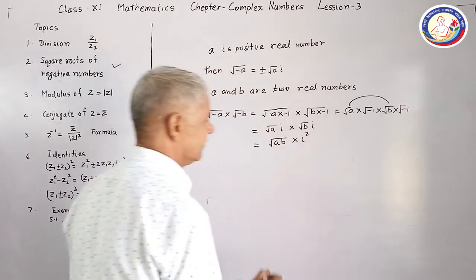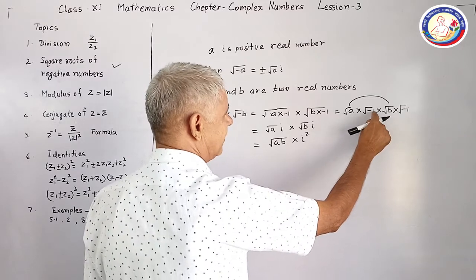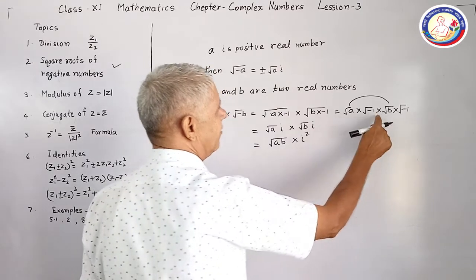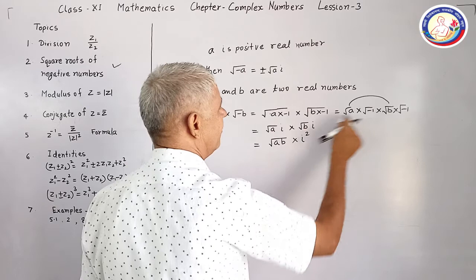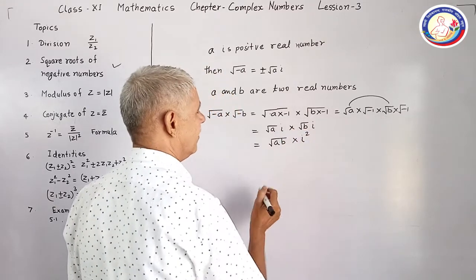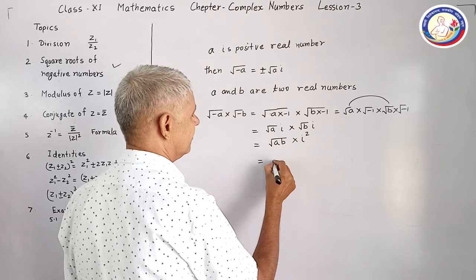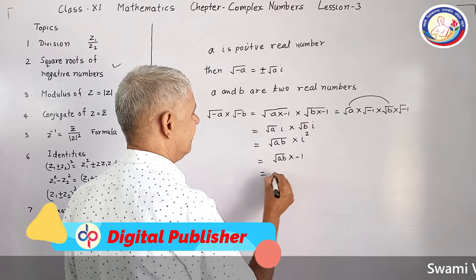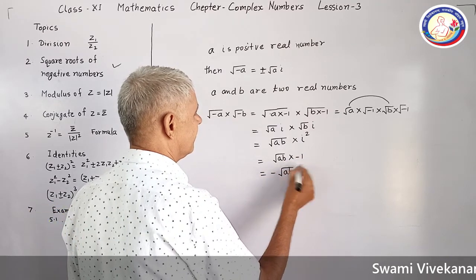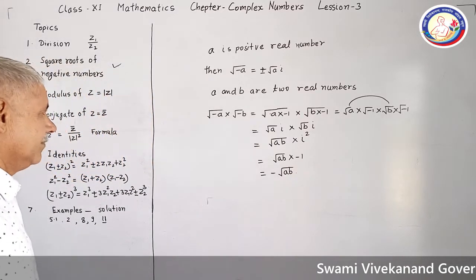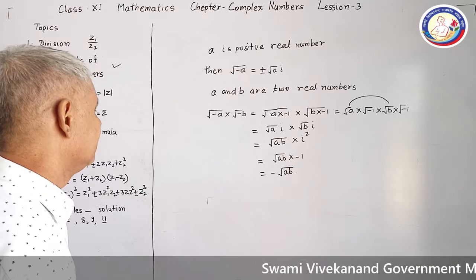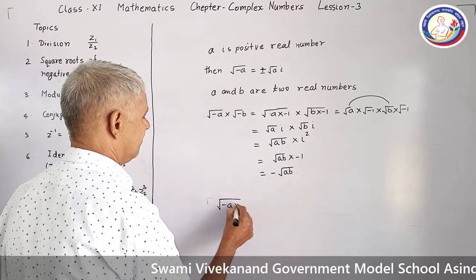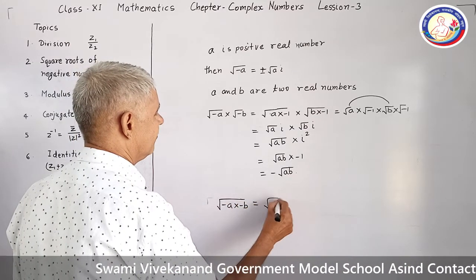Again, square root of minus 1 is iota, and iota into iota is iota square, so it will be square root of ab into minus 1. This will be minus square root of ab.